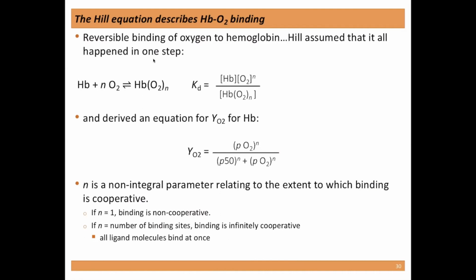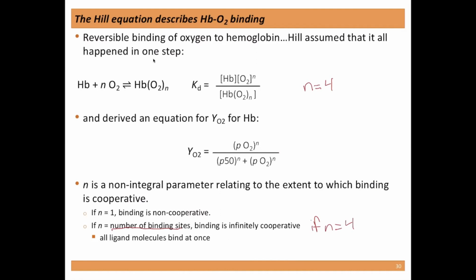Now, in the case of hemoglobin, if we look at the number of binding sites, N can equal 4. So in this equation here, if N equals the number of binding sites, so if N equaled 4 here, that's going to be kind of the max number that we get, then all ligand molecules bind at once.